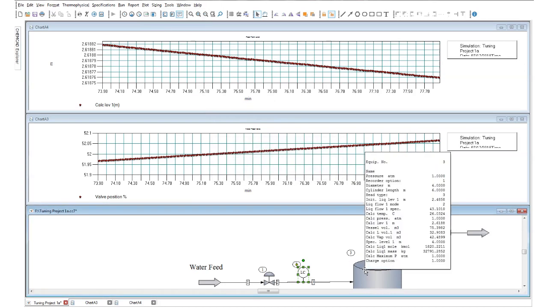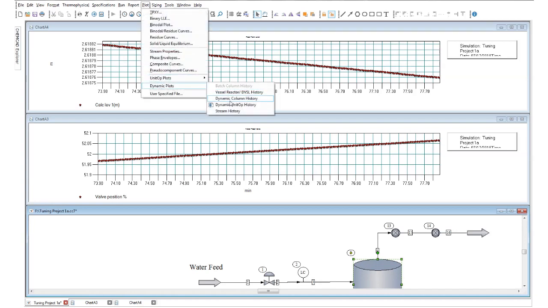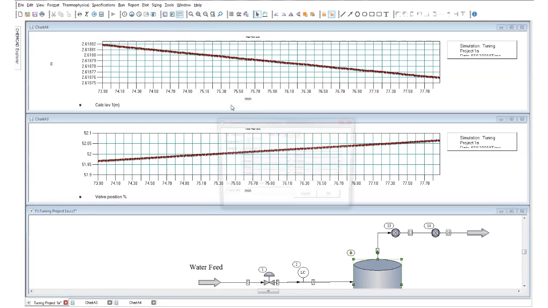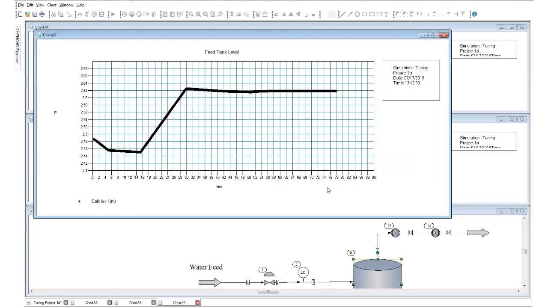I need to click on my tank because that's the one I have the history on. So plot, dynamic plot, unit op history. I'm going to look at my level with respect to time. I'll click OK. And so you can see from time 0 how the level was decreasing.